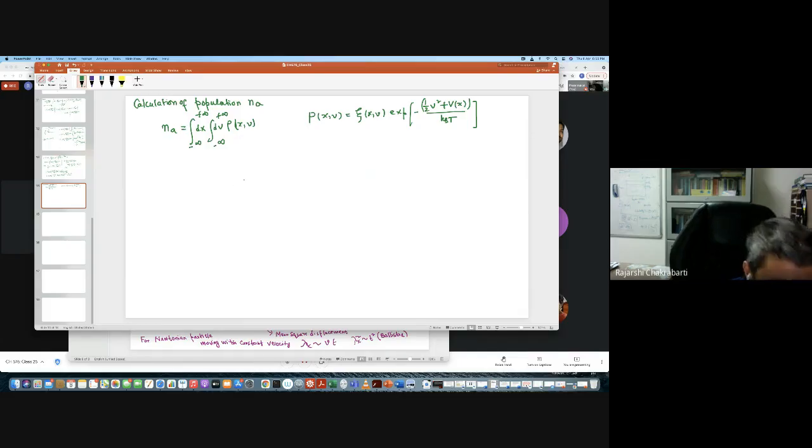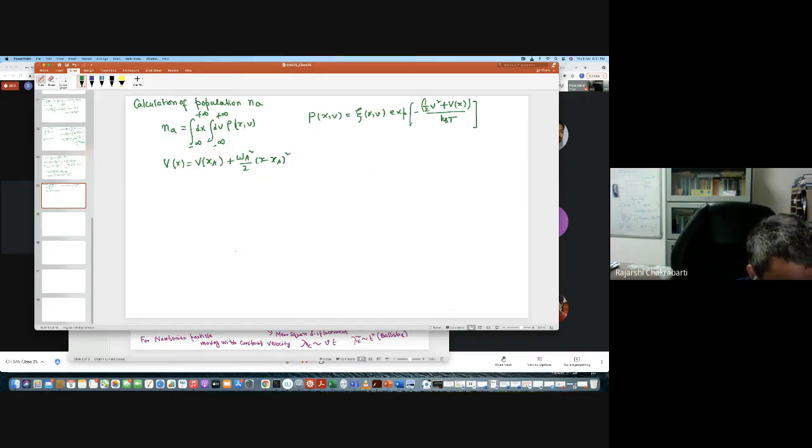And now we are going to do it around the reactant well. Okay, so your v is going to be v of x_a plus this is what you are going to do.